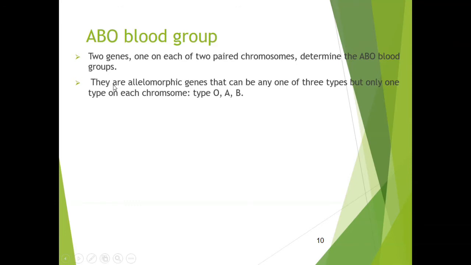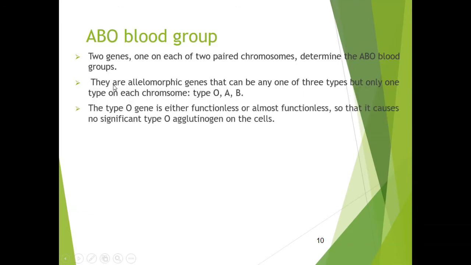If the type O gene is present on both chromosomes, no antigen would be present on the surface of the RBC, meaning zero antigen. That's why it is also called type O. Type A and type B genes cause strong agglutinogen, meaning presence of the corresponding antigens.